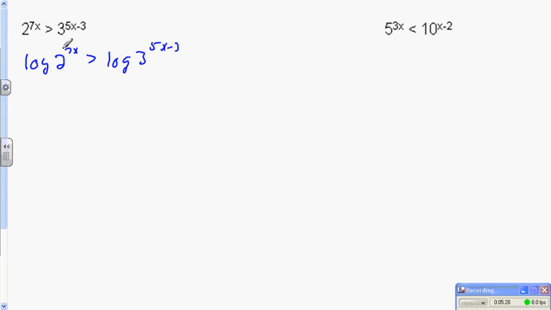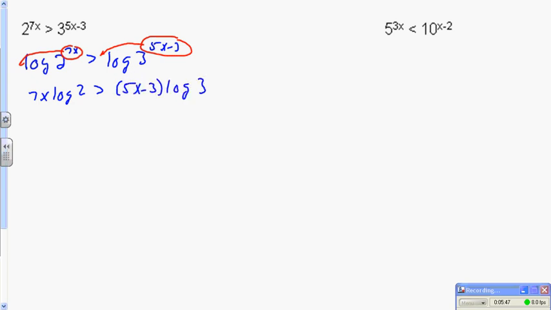Again, we have the ability to take the powers out of the power position and bring them to the forefront, which will give us 7x log 2 greater than parentheses 5x minus 3 log 3. Now, here's where I want you to calculate out what these numbers are, because we want to actually use the numbers. Let's use 4 decimal places.